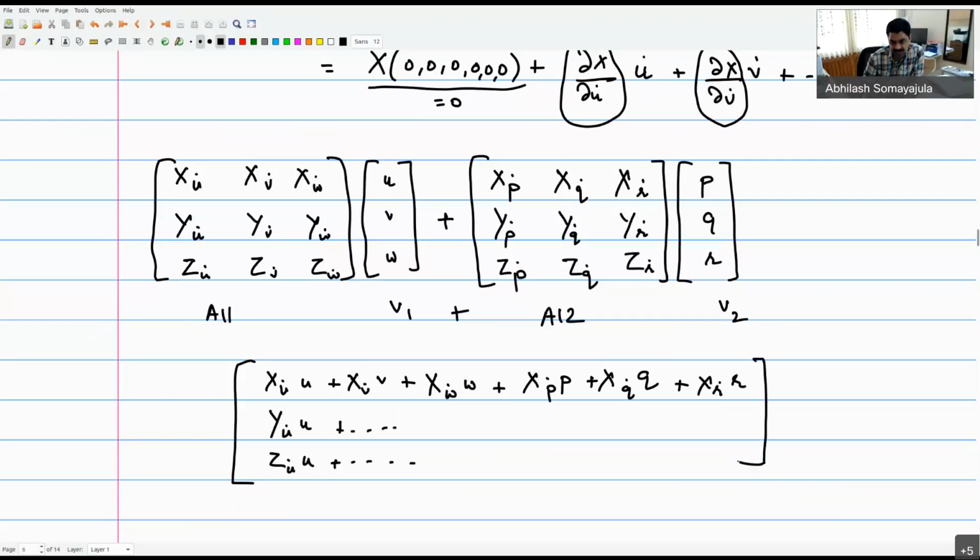Is this making sense? Yes, sir. Okay, this is nothing but your so-called A1, A2, A3. I have to form a skew-symmetric matrix out of this fellow.